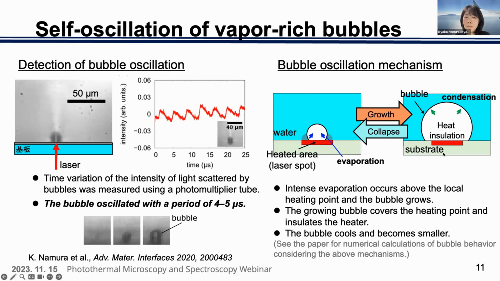But if it becomes big, then the bubble insulates the heater. Then the liquid or bubble cannot get the heat, so this fluid part becomes cooler. Then it collapses. Then maybe it touches again, and then the cycle will continue.